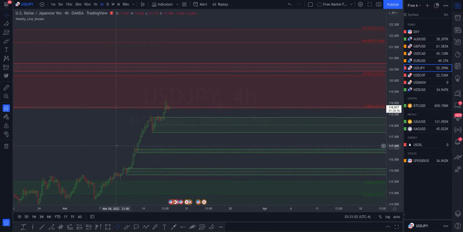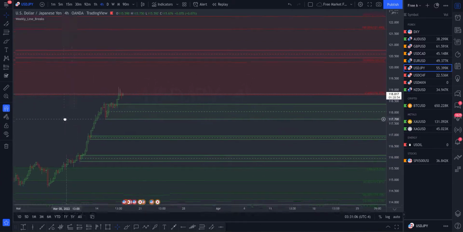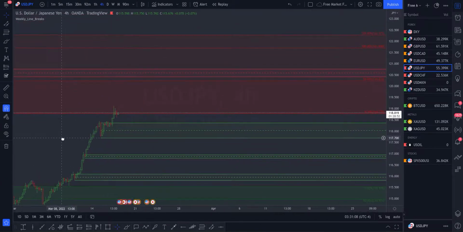Let's take that off. We've pushed through it, so maybe we may see price push up to this 4-hour. Maybe we can look for a 4-to-1 trade there.